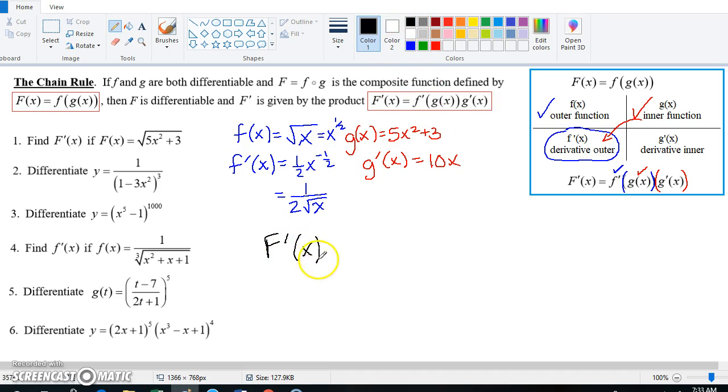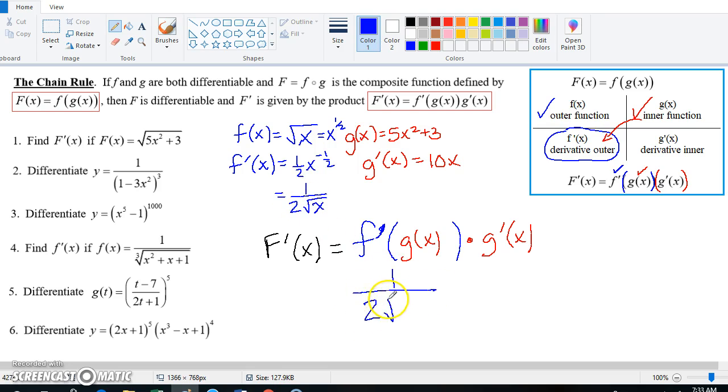F prime of x should equal the derivative of f composed with g of x times g prime of x. Okay, so I start with my derivative of f of x, which is 1/2 root something. What goes inside that square root is g of x, the original g of x function.